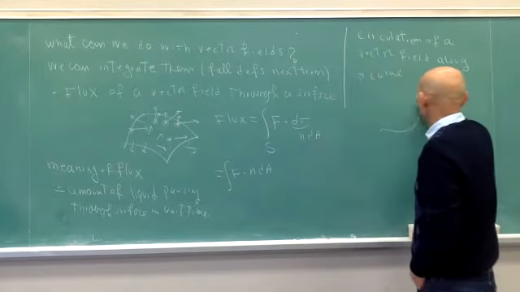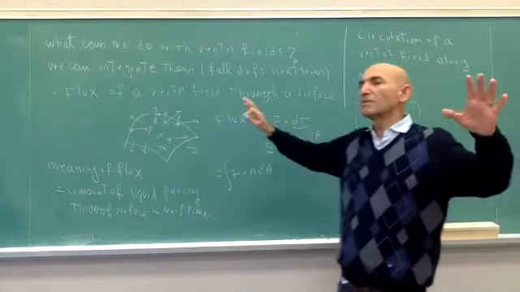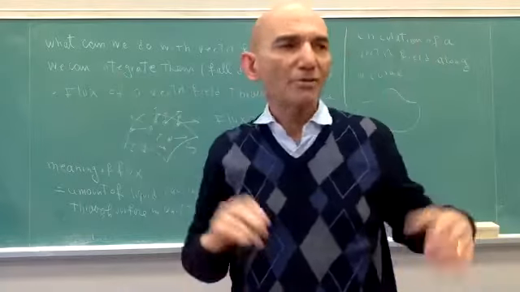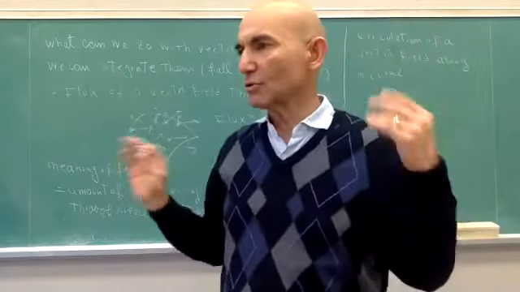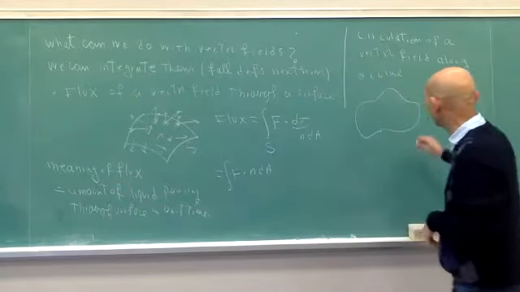So here is a curve. It's just a random curve in space. It doesn't matter what it is, any curve. It doesn't even have to be closed, but I'm just taking it closed.